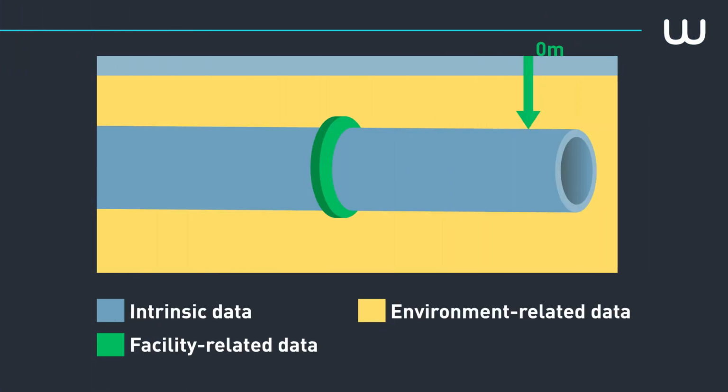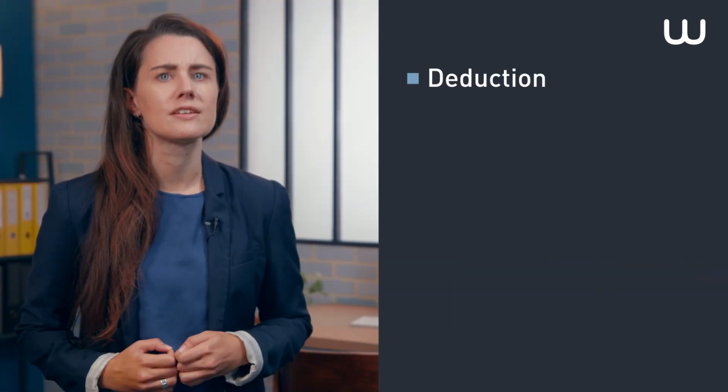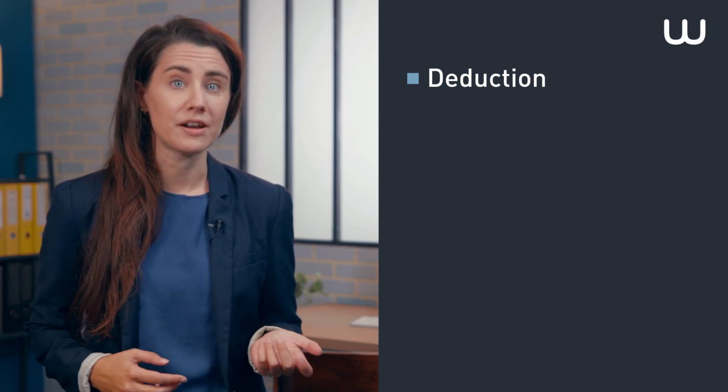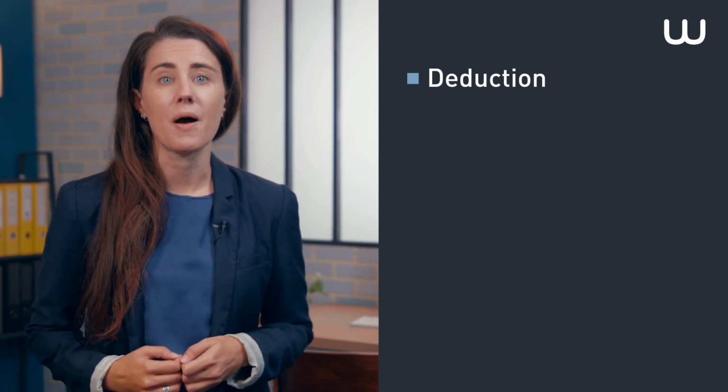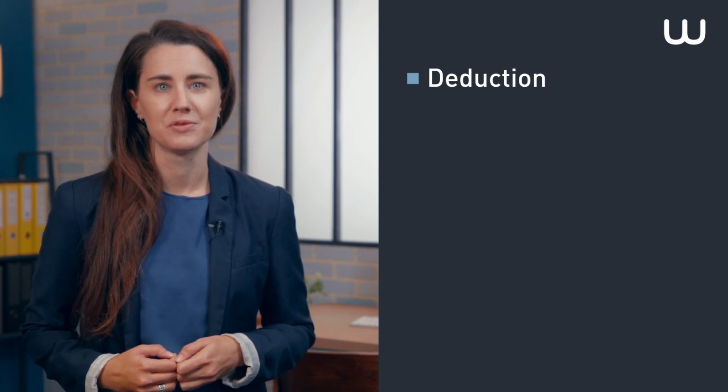So, let's now see how to collect this field data. Let's begin by data intrinsic to pipelines. As regards the schematic diagram of the network, it is necessary to proceed by deduction, listing the location of accessories accessible at surface level, such as valves and manholes, and making hypotheses about what is to be found between each one underground.